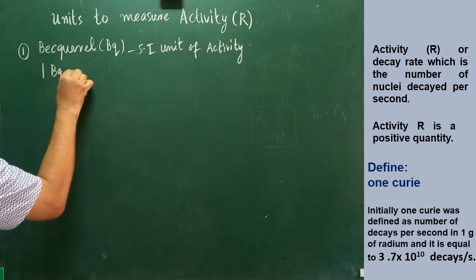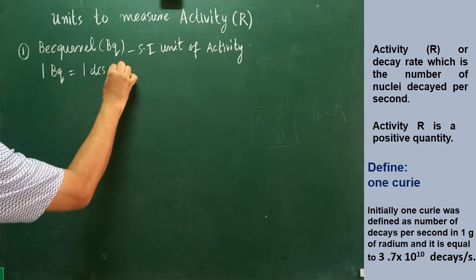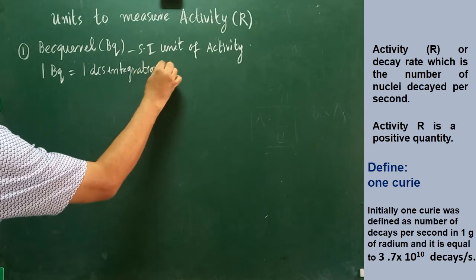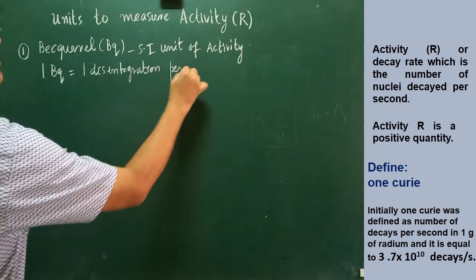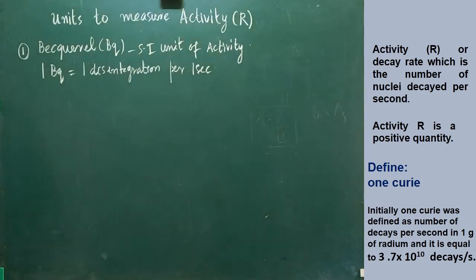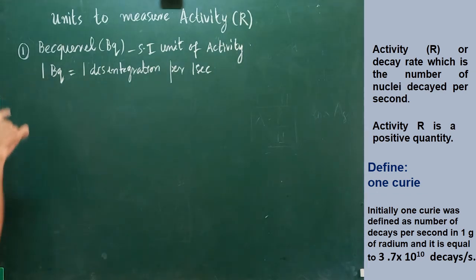1 becquerel means 1 disintegration per second. If any one radioactive nucleus decays in 1 second, such a measurement is called 1 becquerel.